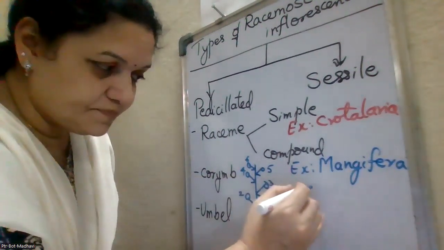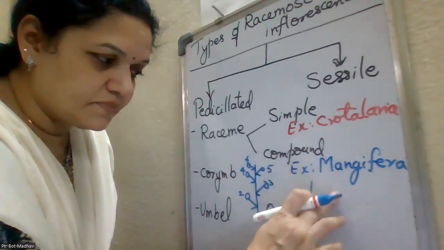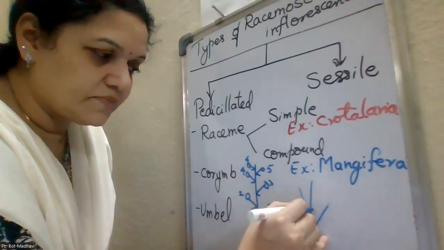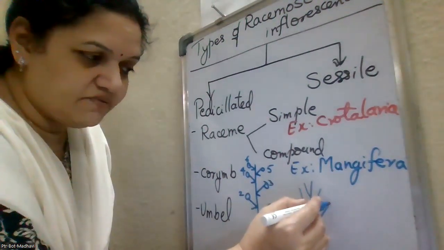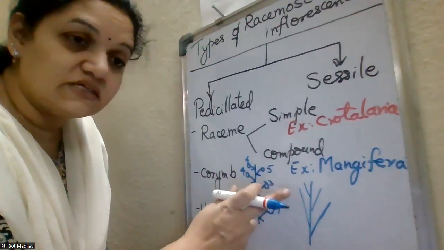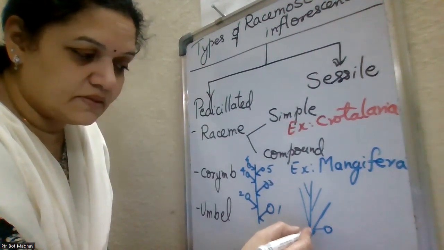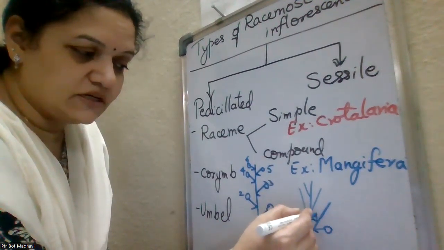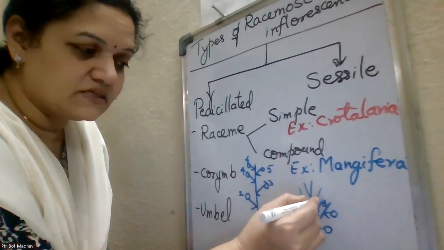Compound raceme. Okay. And on every branch, the flower arrangement is just like the simple raceme. Bracteated, pedicellated, arranged in acropetal succession.